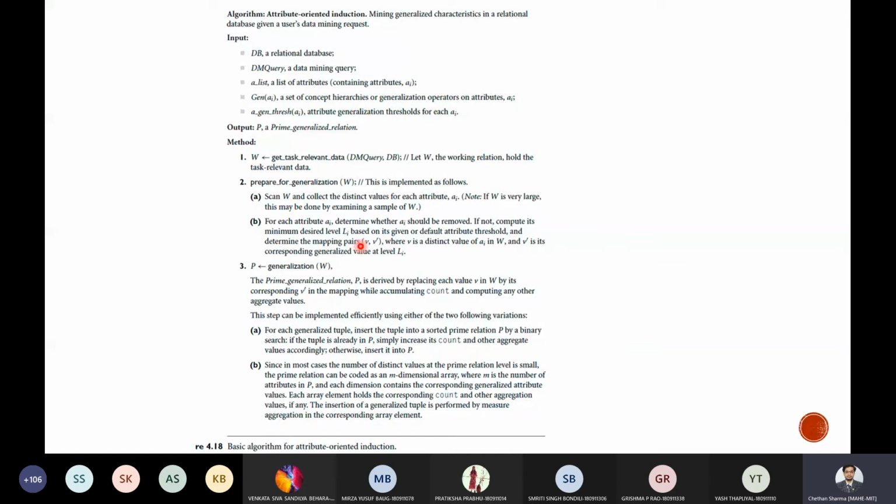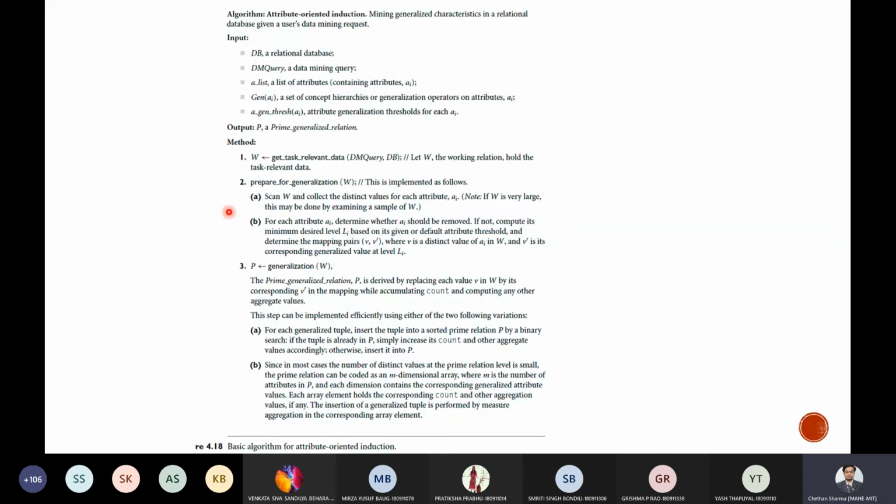Usually the number of distinct values for a particular attribute is smaller than the working relation, that is, the number of tuples.